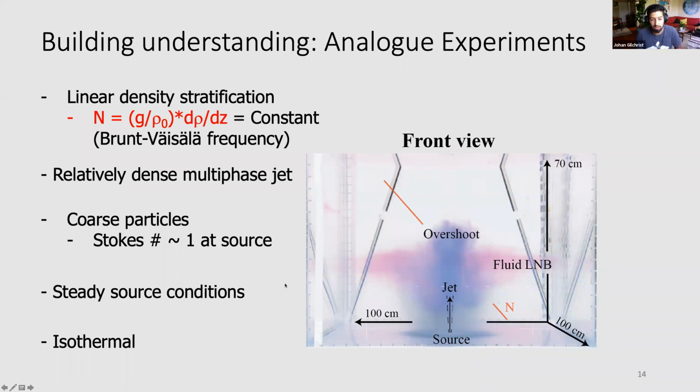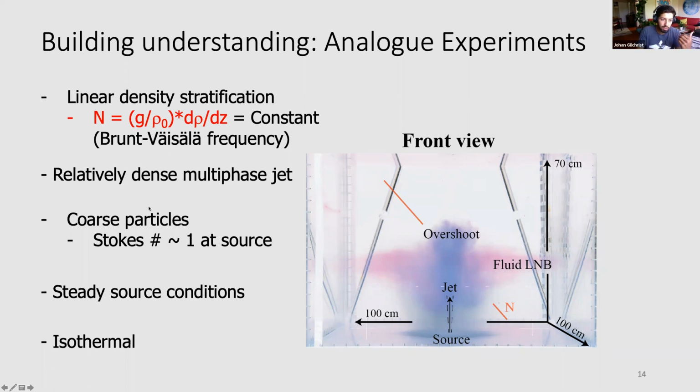This is to mimic the density stratification of the atmosphere on Earth. We can characterize this through a Brunt-Väisälä frequency, which is the frequency at which an object displaced from its equilibrium position in the stratification would oscillate.